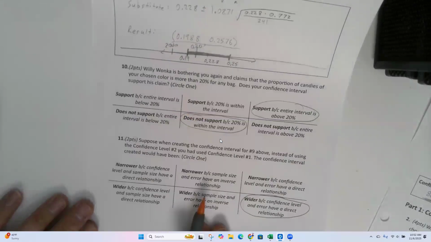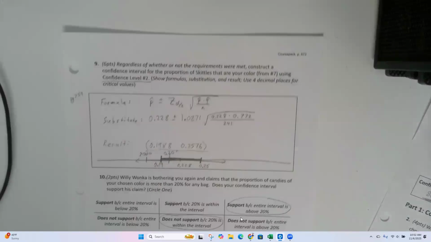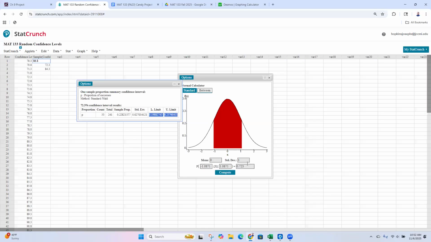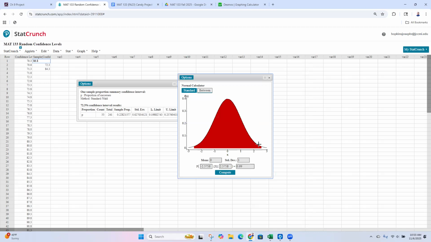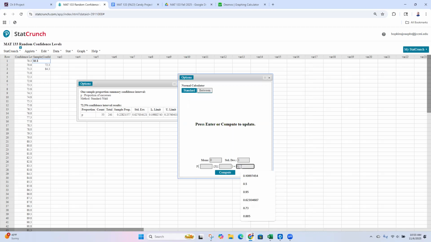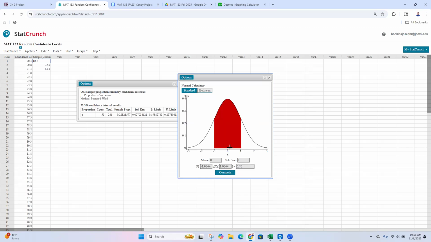So that would mean I'd have a much wider range. Another way you can look at it is if you put a bigger number in here, 99%, your red area is very wide. The red area represents your confidence interval. If you put a very small number in here, like 70%, it's much thinner.